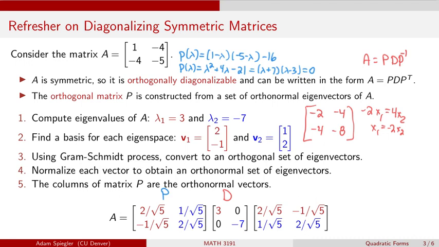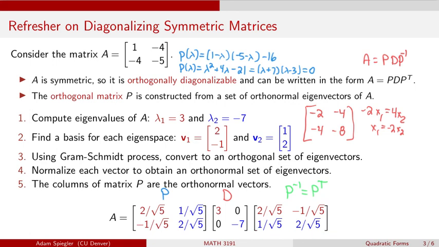And here's where we get to save ourselves some trouble. Normally I would need to find the inverse of P, but because this matrix is orthogonal, we know that the inverse of P is the transpose. Rather than take the inverse, which involves possibly many operations if you have large matrices, the transpose operation is much more basic.